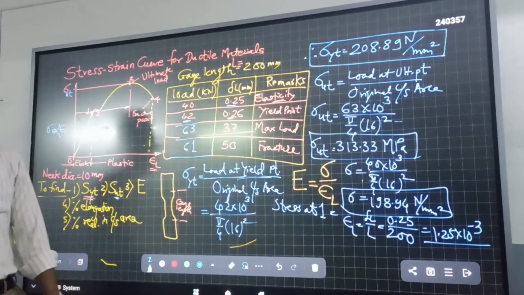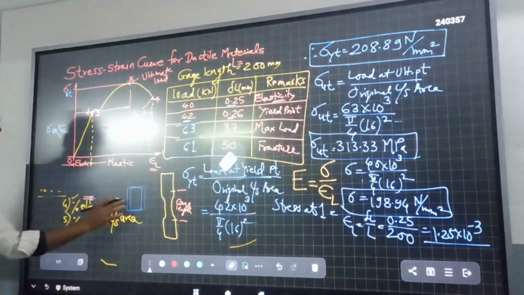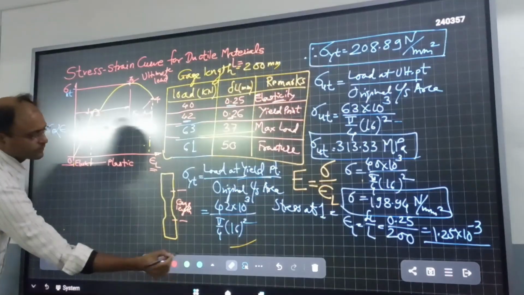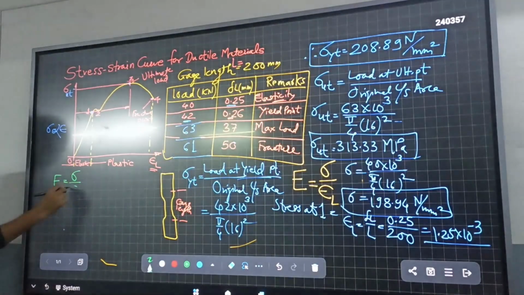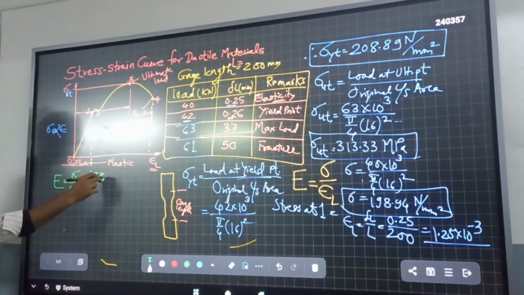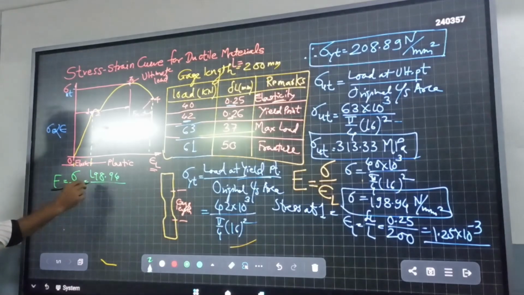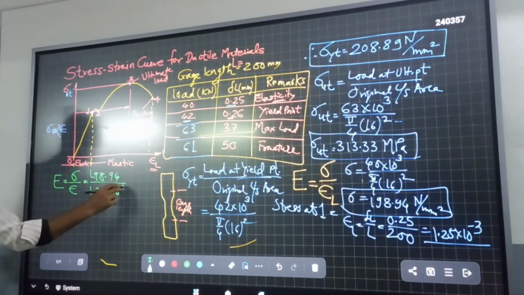Now how to find E? We have to now obtain Young's modulus E. So how to get it? Using E is equal to stress upon strain. Stress is 198.94 upon 1.25 into 10 raised to minus 3.